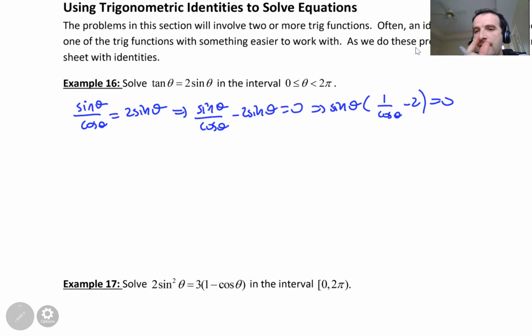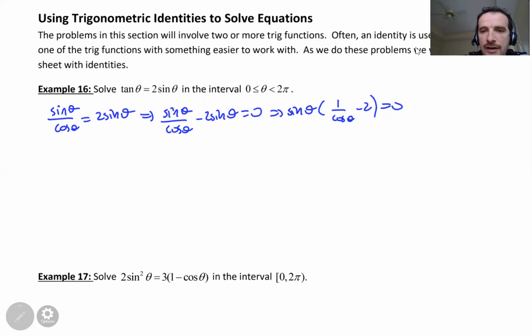Great. I have a multiplication of two expressions equal to 0, which means each expression is equal to 0, right? So I can take each expression equal to 0. From there I get sine theta is equal to 0, and 1 over cosine theta minus 2 is equal to 0. So from the first fact, sine theta is equal to 0.